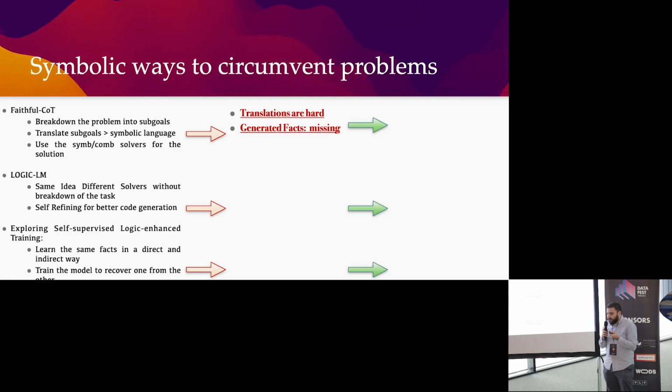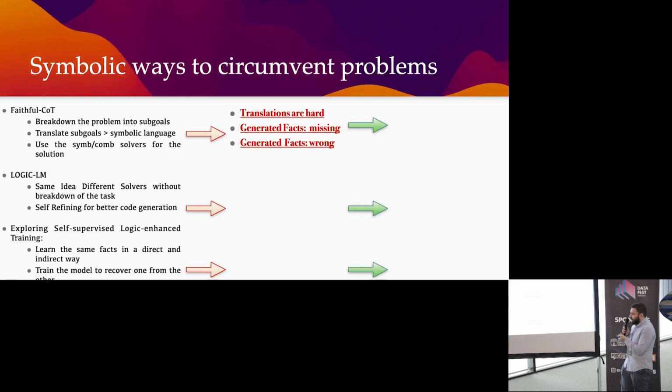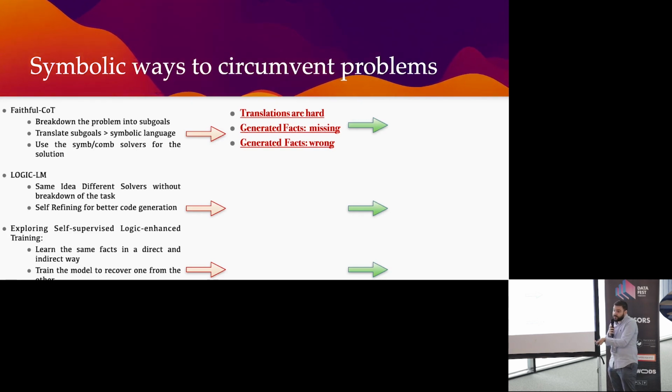You might miss some common sense fact that's not mentioned in the question context. You might miss some interrelation between the facts that's not explicitly mentioned. So that comes from the translation, from the auto-formalization part. And the generated facts might just be outdated or wrong in and of themselves because of hallucination.